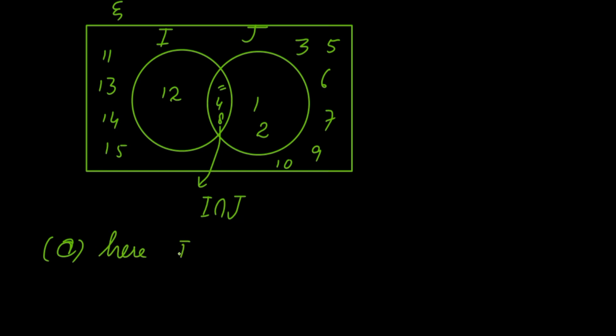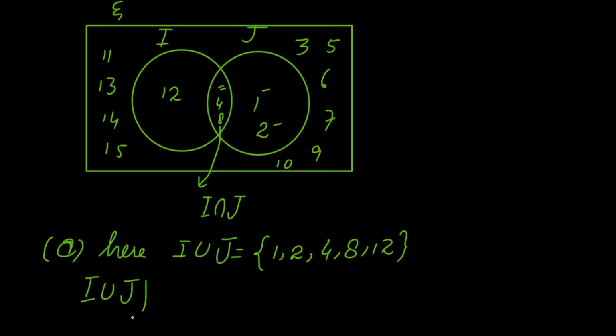I union j is a set that contains the elements of both sets I and j, without repetition. From the Venn diagram, these 4 and 8 are the common elements, 1 and 2 belong to set j and 12 belongs to set I. So I union j consists of 1, 2, 4, 8, 12. Clearly the complement of I union j is the set of elements outside I union j.